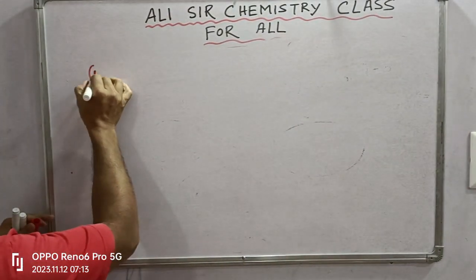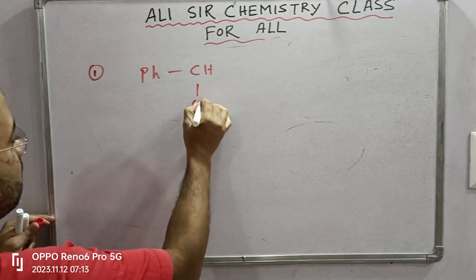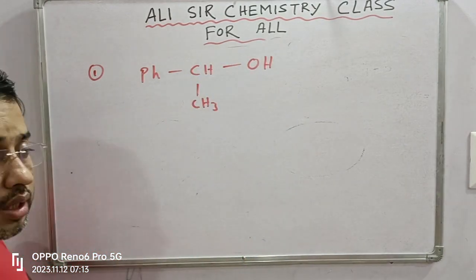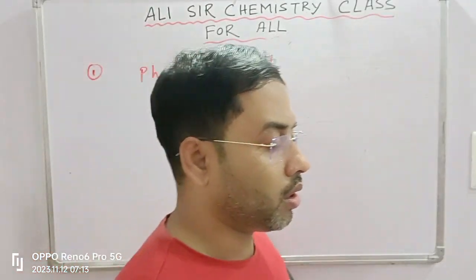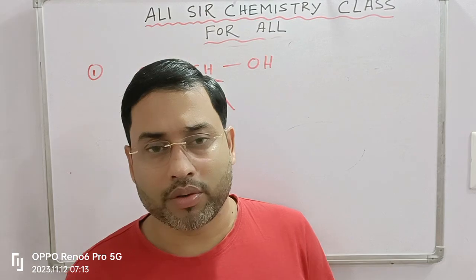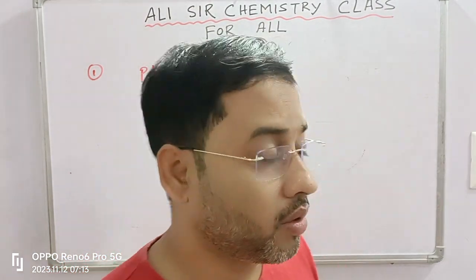So the first one I am taking is this example, say for example PhCH(OH)CH3, symmetrical, unsymmetrical, doesn't matter. So this is a secondary alcohol. All of you know secondary alcohols. How can you prepare? We can prepare the secondary alcohol by using a Grignard reagent and aldehyde rather than formaldehyde.